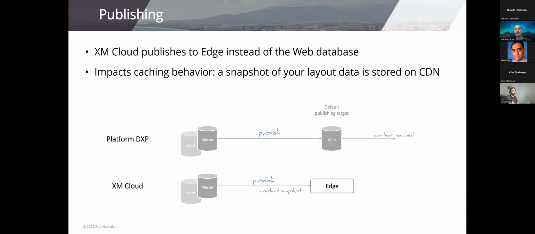Now with XM Cloud, you're going to publish to the Edge directly, which is actually a snapshot of your content and of the state of your layout at that very moment. And that's obviously going to impact your caching behavior because your layout data is now stored on the CDN, on the Edge.